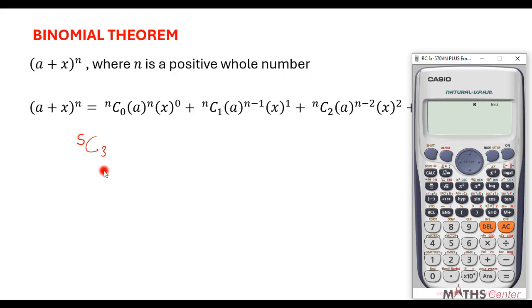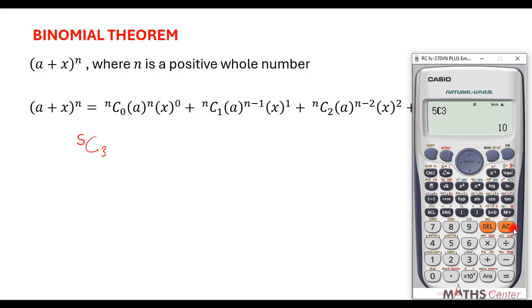So to find 5 combination 3, you press 5, then you press shift, then the division sign, that will give you combination, then you press 3. So you see on the calculator, we now have 5 combination 3. Then you press equal to. So 5 combination 3 gives us 10.